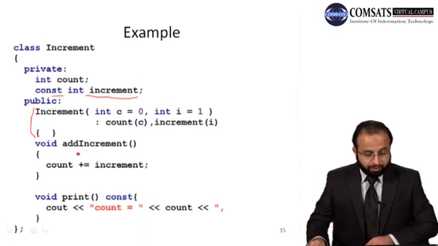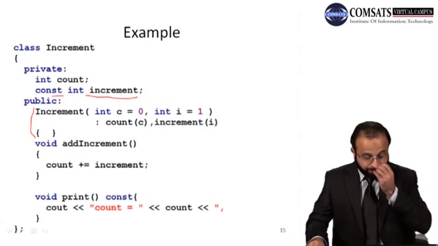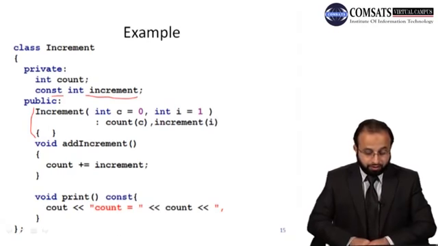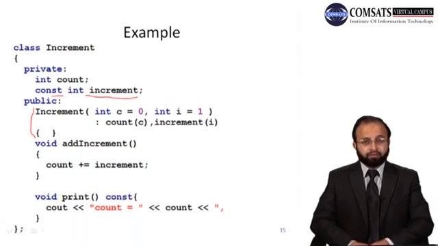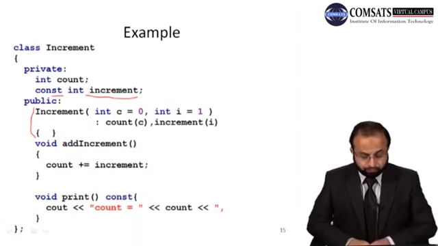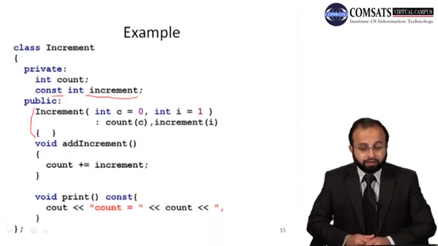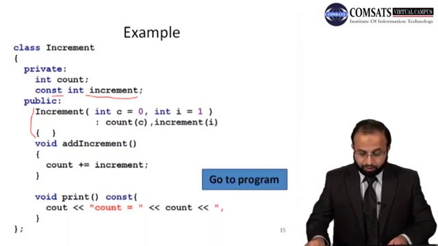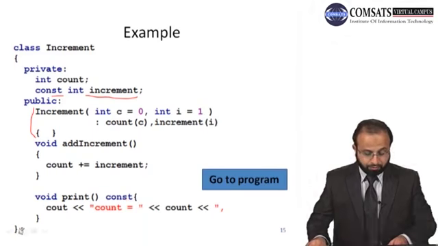So in addIncrement, we increment the count value by increment, and then in print, the print is also a constant function. You can see cout count. This is also a constant function because we don't want to allow that function to change the private data members of the class. Let's go to the program and see its execution.